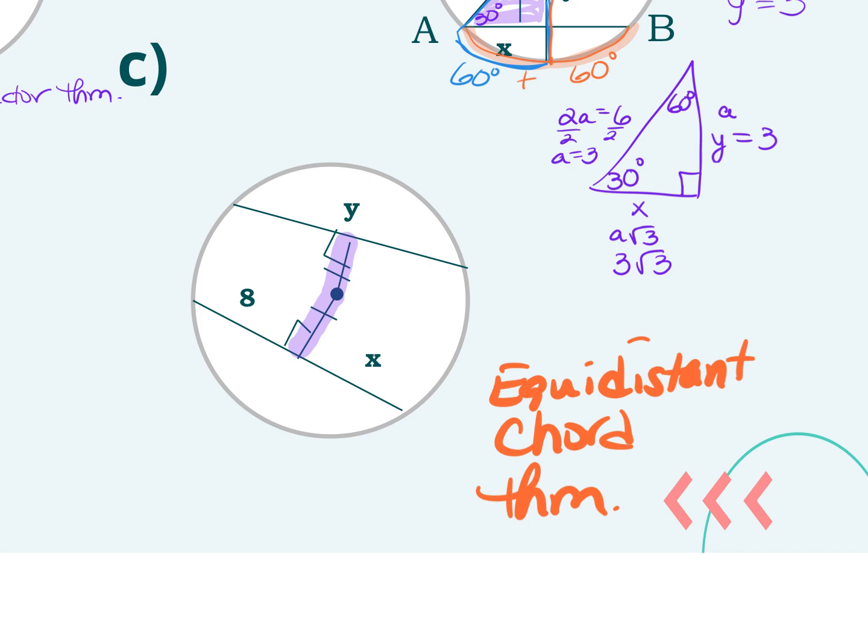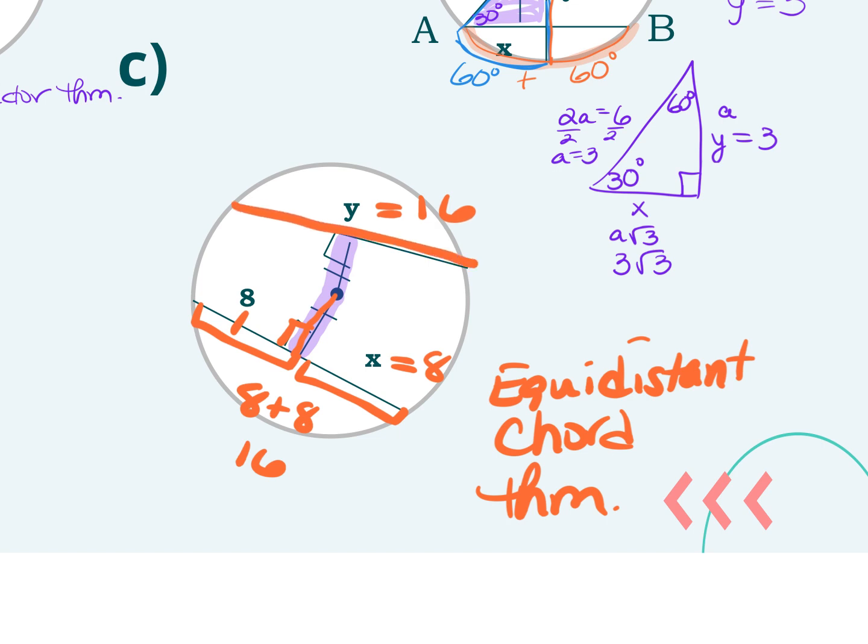And I also know that this segment right here is a perpendicular bisector. So if this side over here is 8, so is this side. So x equals 8. But the whole chord is going to be 8 plus 8, which is going to be 16. And because those chords are equidistant from the center, this chord up here is also 16. So x is 8 and y is 16. And I used my equidistant chord theorem.